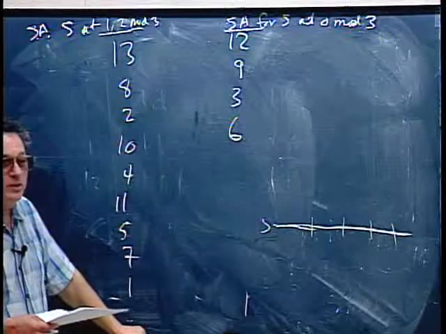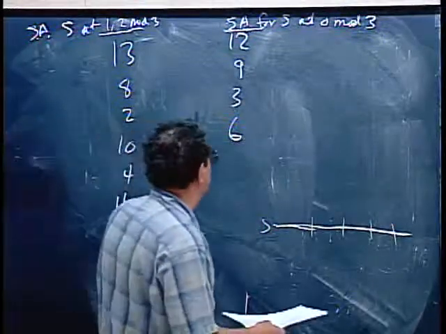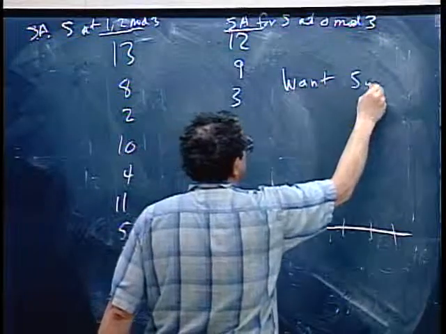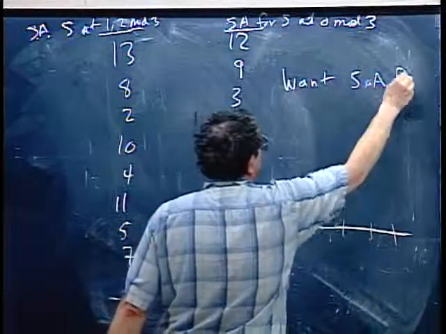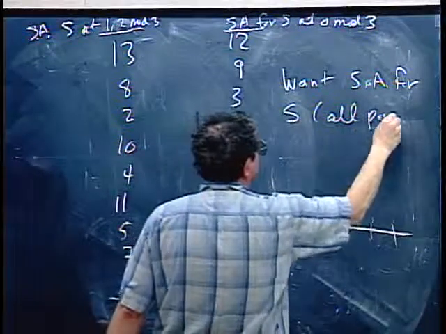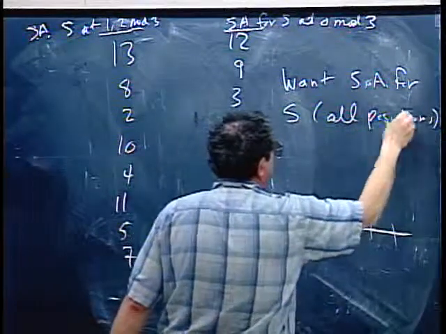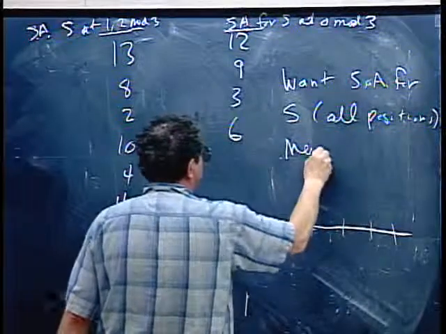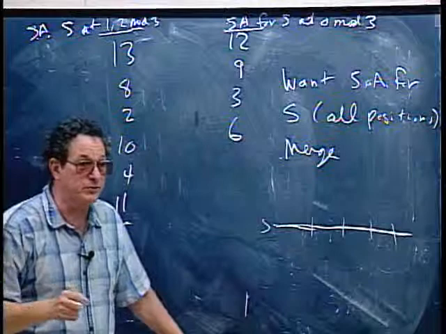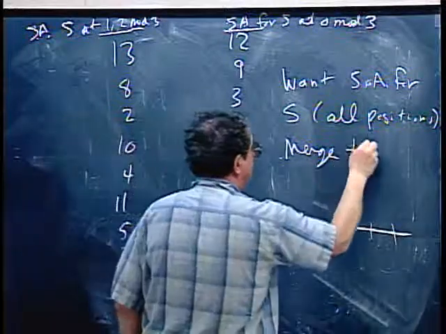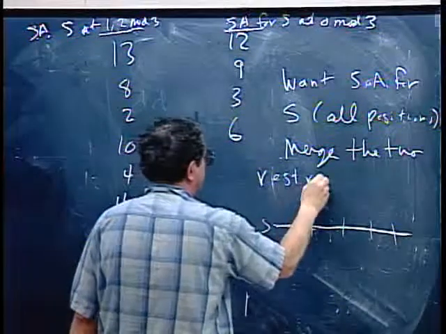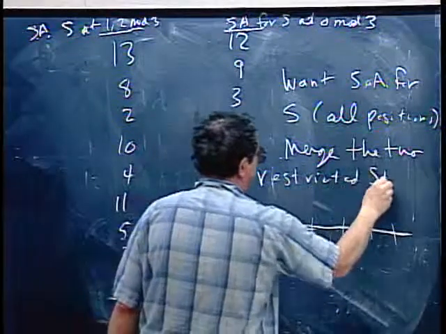Okay? Well, it's like merging in merge sort. So we want the suffix array for S. That means all positions. So we want to merge, just completely analogous to the way merging is done in merge sort. Merge the two restricted suffix arrays.